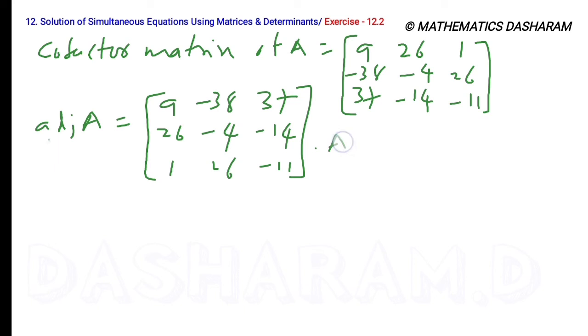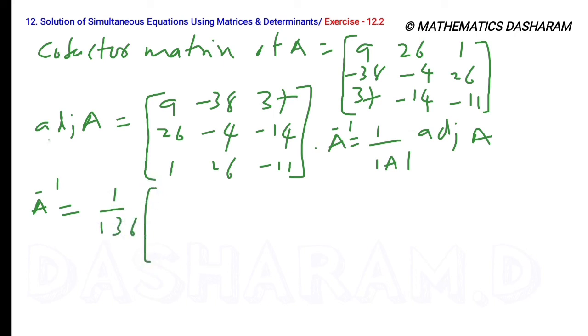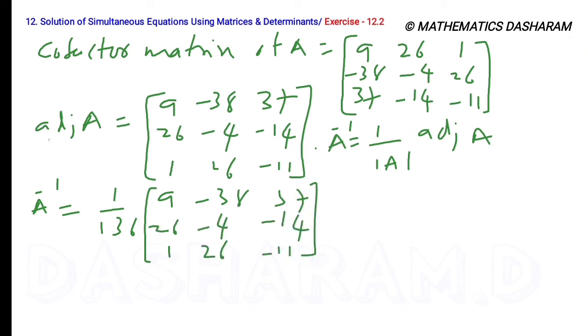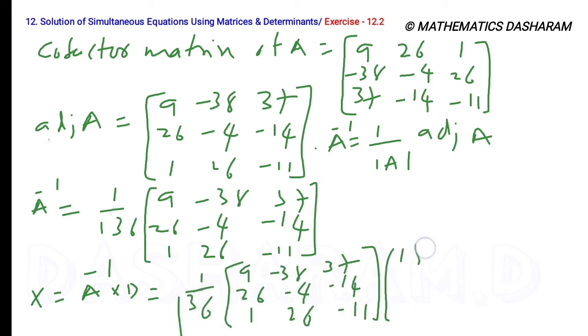A inverse equals 1 by mod A into adjoint of matrix A, so A inverse equals 1 by 136 into 9, minus 38, 37, minus 11. Now find our required answer, that is X. X equals A inverse into D. A inverse means 1 by 136 into, and the constant matrix is 18, 13, 20.